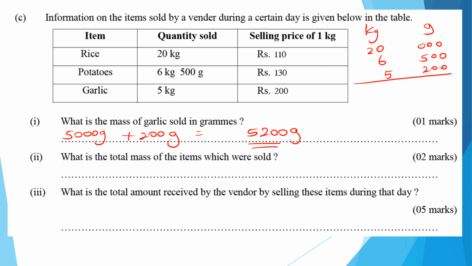You have to add all these together and you will find this answer. This is 7, and 6 plus 5 is 11, 1 carries, and 2 plus 1 is 3. So 31 kilograms, 700 grams. This is the answer, right? This is the mass of all the items that have been sold, right?